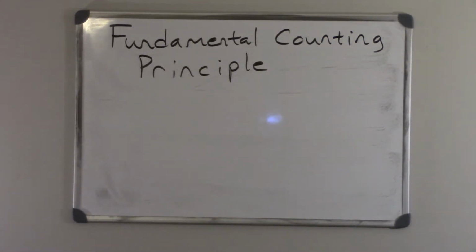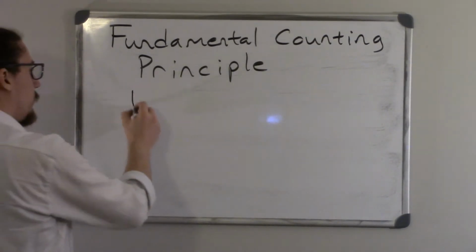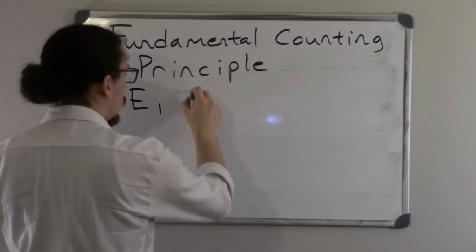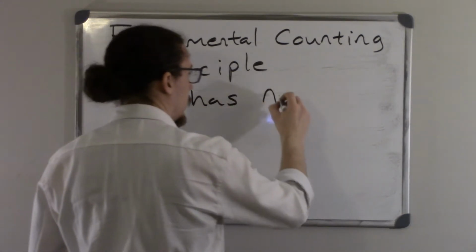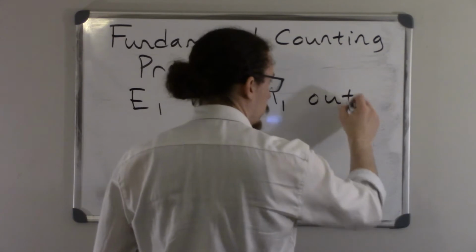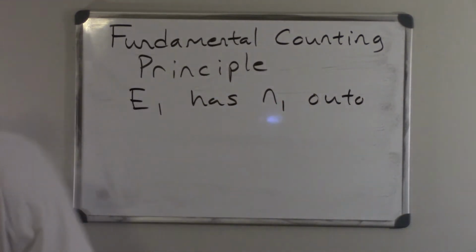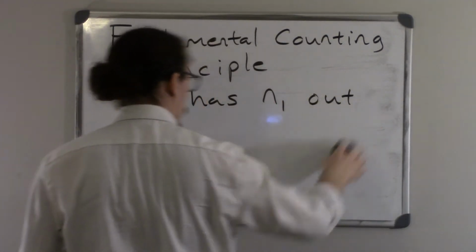But the fundamental counting principle says that, let's say we've got two events. E1, which has N1 unique outcomes, or N1 possible outcomes.